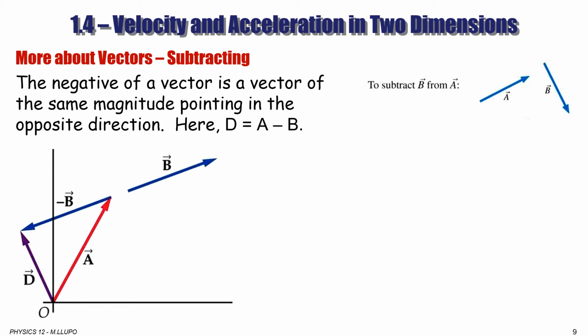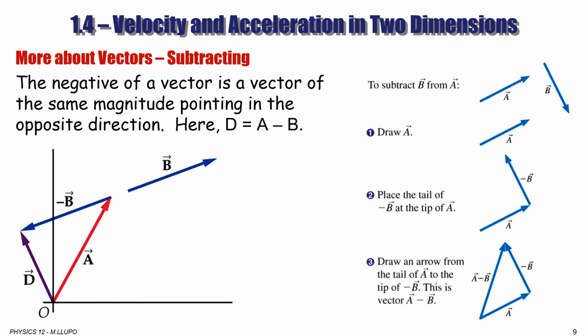Okay, so here is another example. You leave A as it is, you flip B, and then using tip to tail, starting from A, you join it where the B ends. Pretty much the same as I mentioned. So remember that this is if you need to calculate change in velocity using that scale graph diagram.